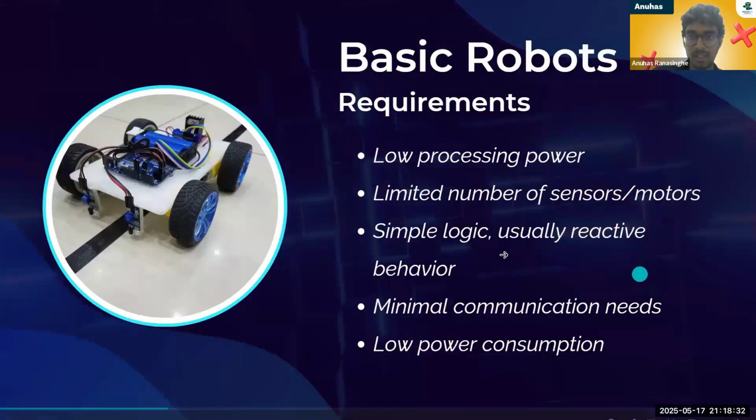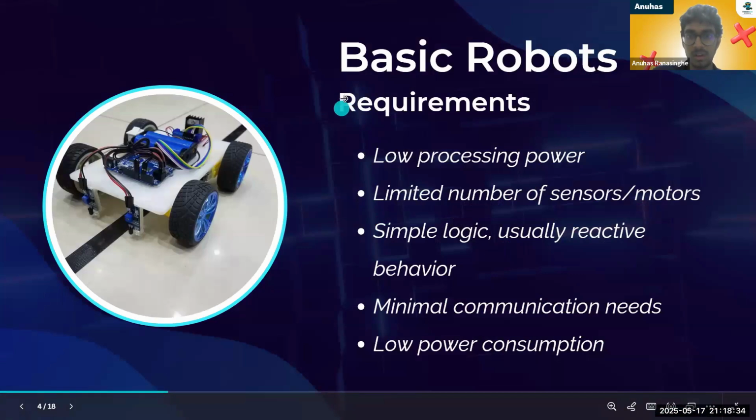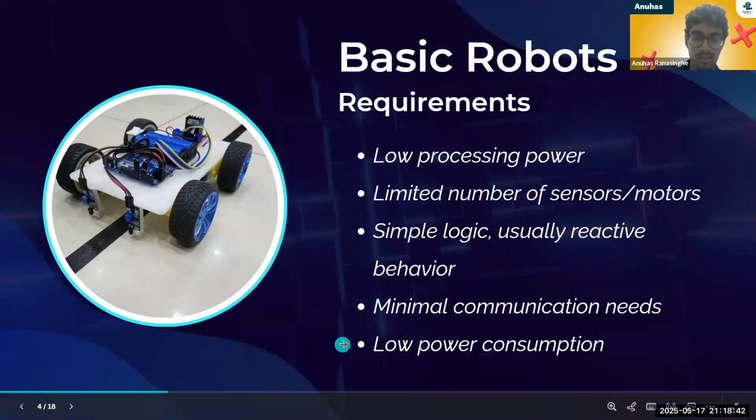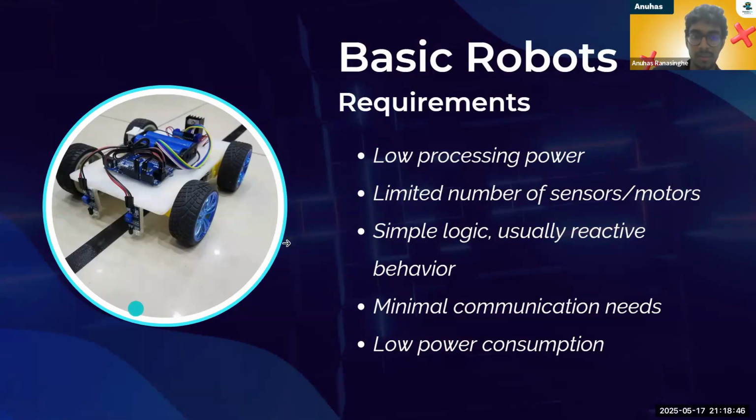When we move on to the basic robots, there are several requirements that we need to fulfill using our microcontroller. If you are developing a line following robot like this, we need IR sensors, motors, and a battery.